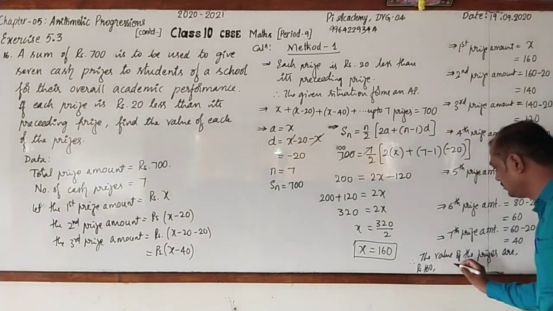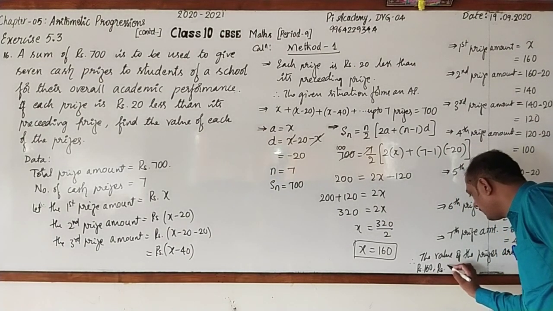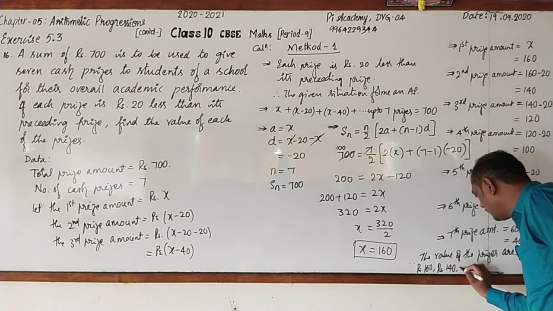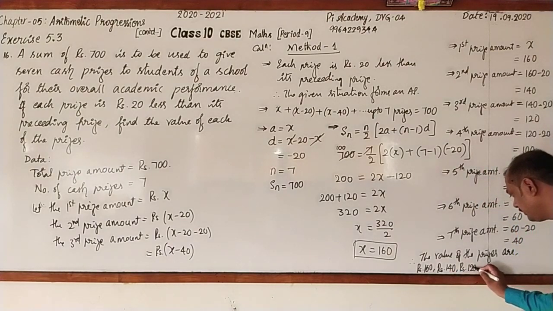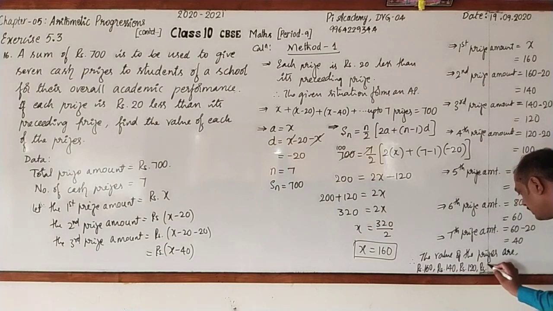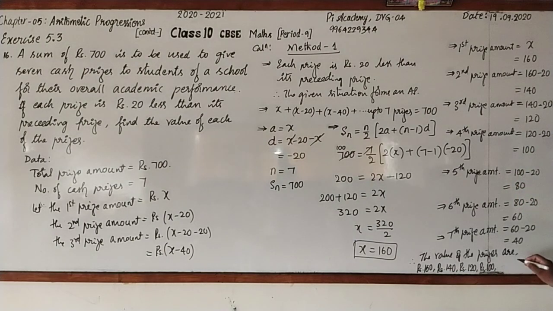Second price amount, rupees 140. Third one, rupees 120. Fourth one, rupees 100. Fifth one, rupees 80. Sixth one, rupees 60. And seventh price, it is rupees 40.